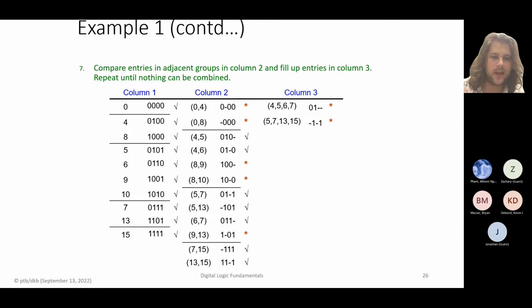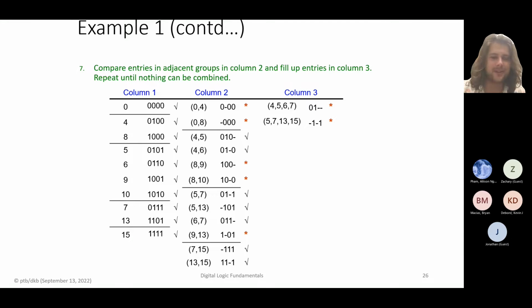But you can see that the 5 13, 6 7, and the 7 15 all have check marks. That's because these are all covered by the 5 7 13 15 prime that we found in column 3. So there's no reason to write the 5 13 and the 6 7 over in column 3, because they already appear over here.